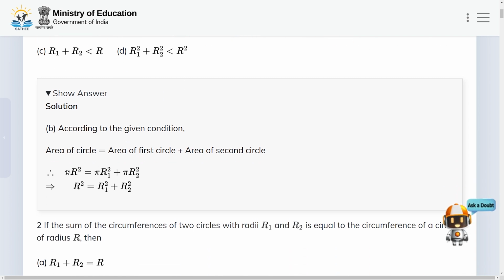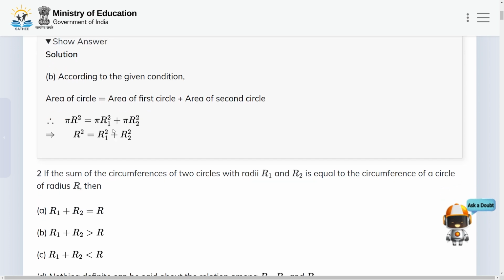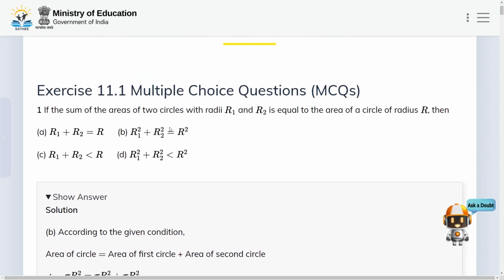Therefore pi R square equals pi R1 square plus pi R2 square, and pi is common in this equation, so we can cancel it out. It implies R square equals R1 square plus R2 square. So the correct answer is option B.